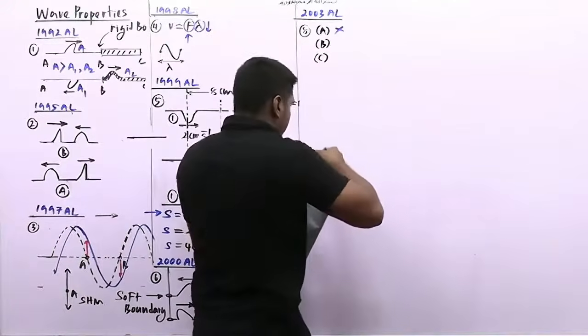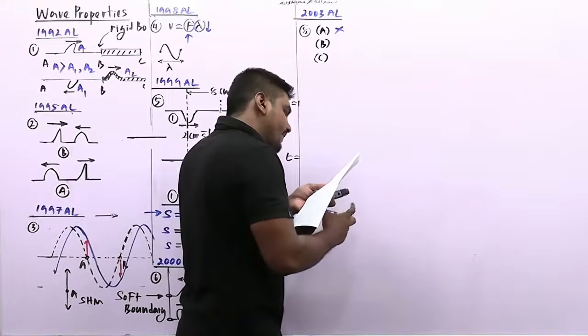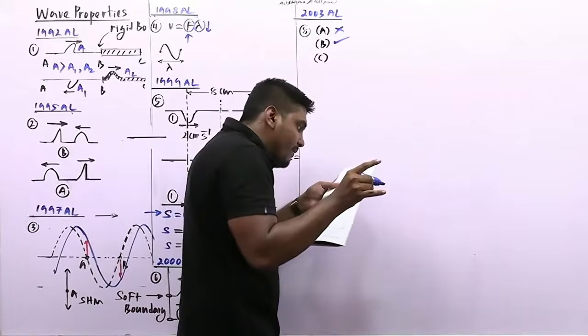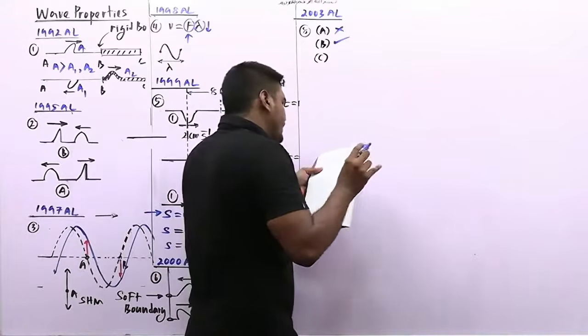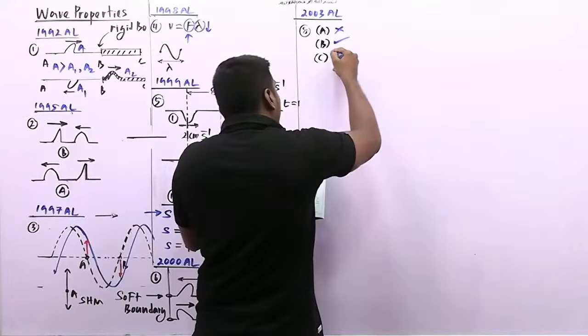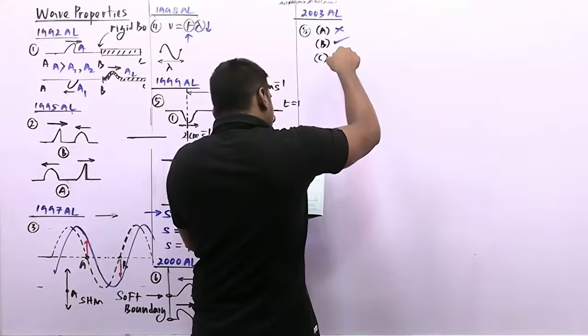Statement B says both types of waves can undergo interference and diffraction. Correct. Statement C says both types of waves can produce beats. Correct. Therefore A is wrong, B and C are correct, so the answer is the 4th one.